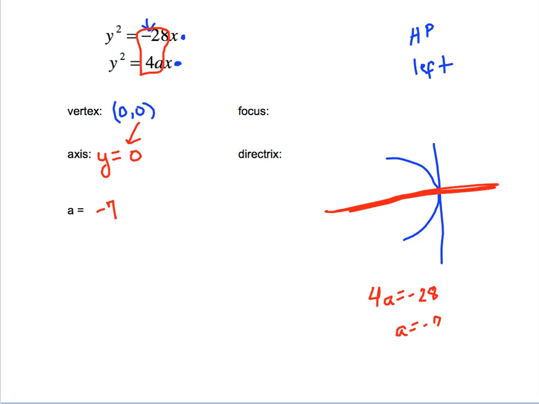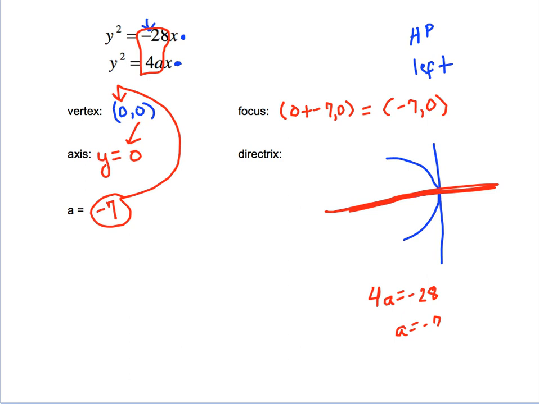So, to get the focus and directrix, this is a horizontal parabola. The a is going to get tacked onto the x part, the first part of the vertex. So the focus is 0 plus negative 7 comma 0, which equals negative 7, 0.